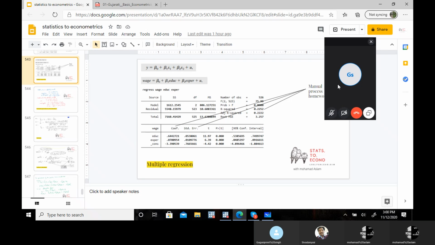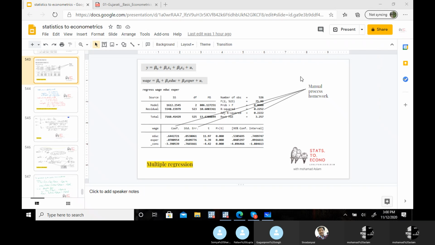Today I'm going to discuss multiple regression, because now with most of the derivations done, it's time to apply all those derivations and try to understand how we get results in regression. As I told you, in part 3 our focus is on cross-sectional data and quantitative dependent variables.